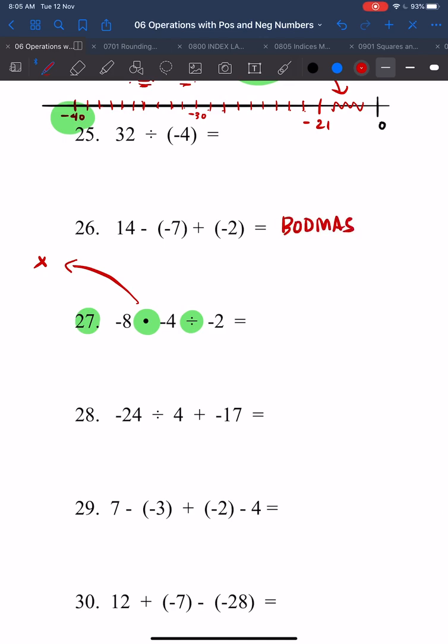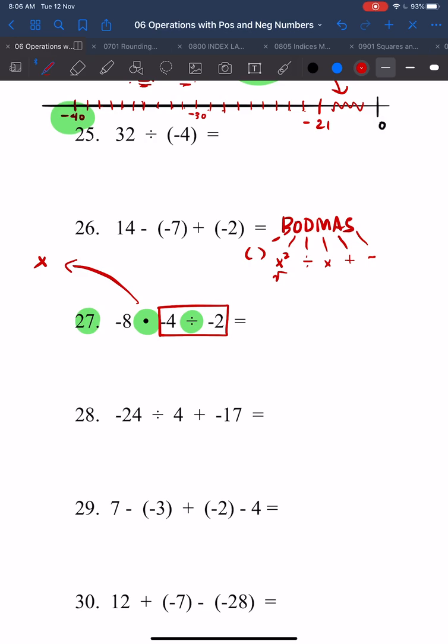So this is brackets first, order, which means indices, squares or roots, division, multiplication, addition, subtraction. Okay, so in this case, which one are we going to do first? Division.